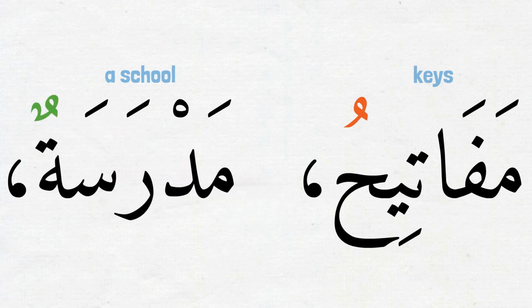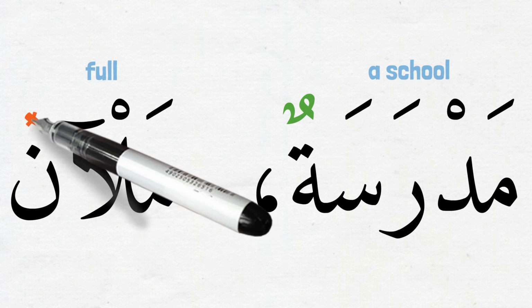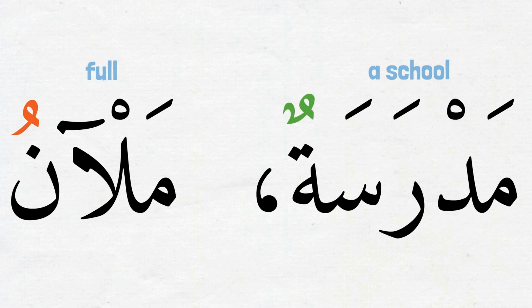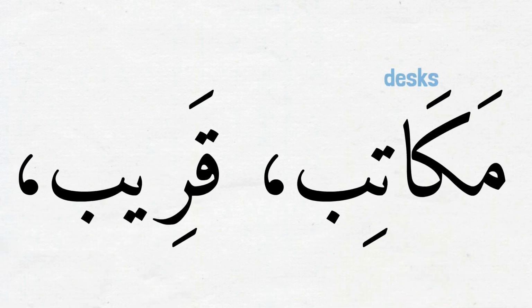It is a triptote. ملآن. ملآن is a diptote because it is an adjective following the pattern فعلان. مكاتب, desks. It is a diptote following the pattern مفاعل. Group number 6.